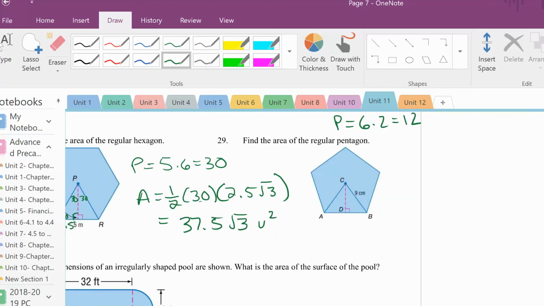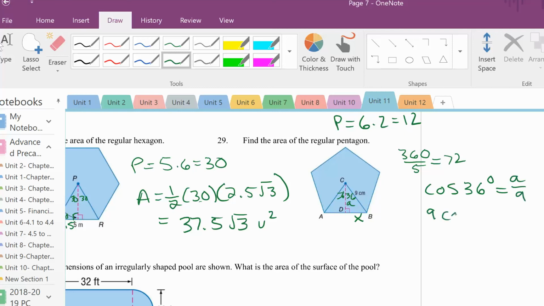All right, here it's a pentagon, so 360 divided by 5 is 72, so that means each little part is 36 here. Now the hypotenuse here is 9. So we want to find the base there, and we also want to find the apothem, A. To find the apothem, we can go cosine 36 equals A over 9.